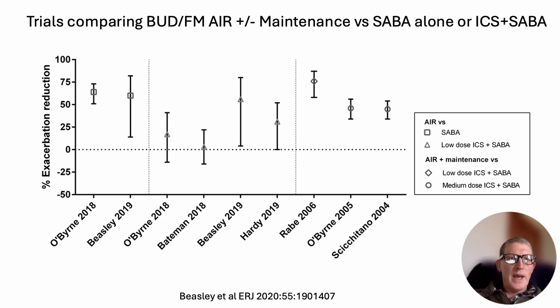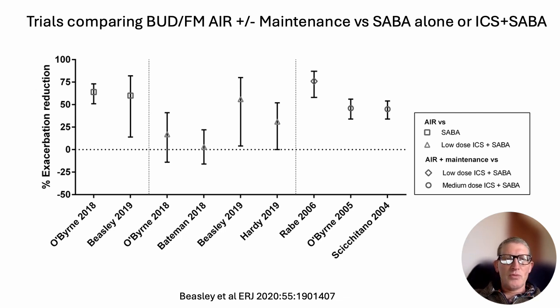What you can see here is that if we start on the left, comparing budesonide formoterol as AIR compared to SABA, which are the squares, or compared to low-dose inhaled steroid with SABA as 2 separate inhalers, which are the triangles, in 4 out of these 6 studies, the budesonide formoterol was significantly better at reducing exacerbation burden.